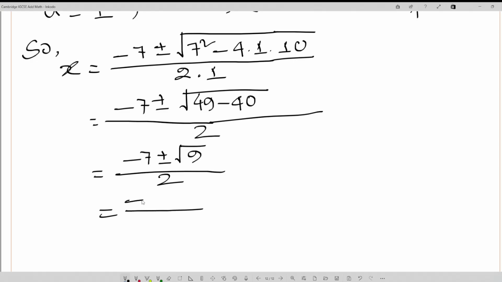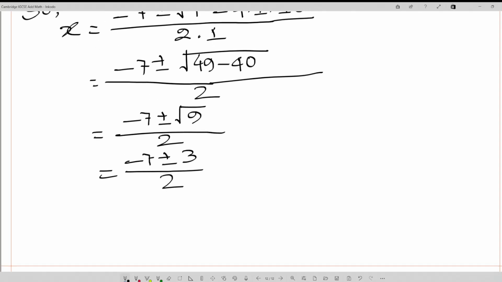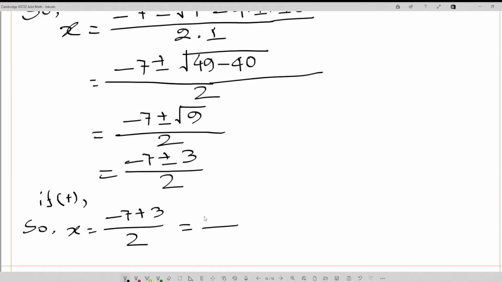Here is minus 7 plus or minus root 9, it means 3, divided by 2. So what will be the answer? If positive, x equals minus 7 plus 3 divided by 2, it means minus 7 plus 3 is minus 4, divided by 2, the answer is minus 2.